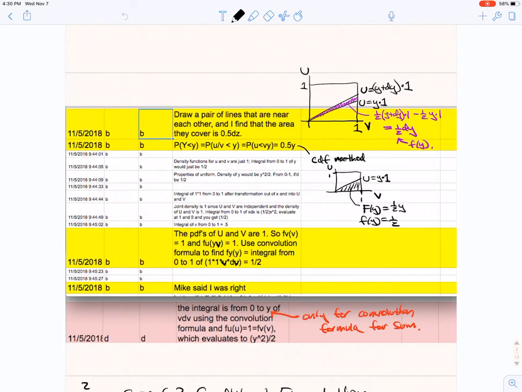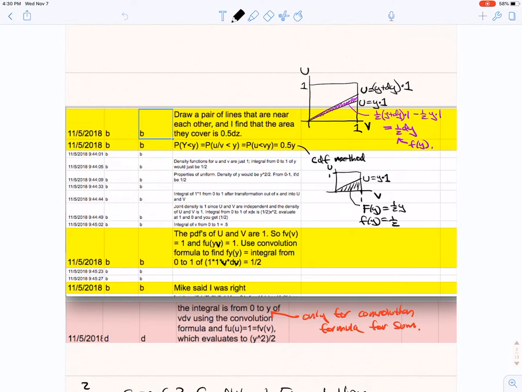He looks at the probability that Y is less than y and writes that's equivalent to the probability that U is less than Vy. So the line u equals vy, I've sort of drawn that line and I'm looking for the area underneath it.